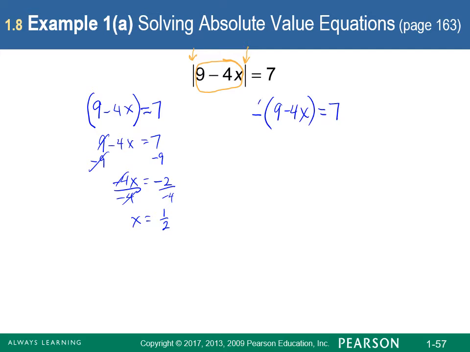Over on the right, we're going to distribute the minus sign, add 9 to both sides, and divide by 4.